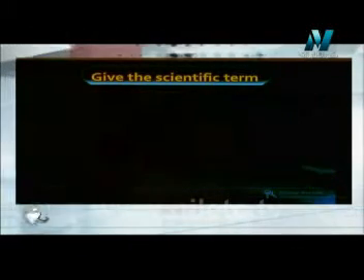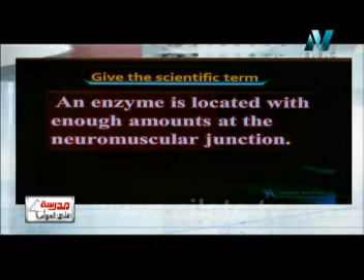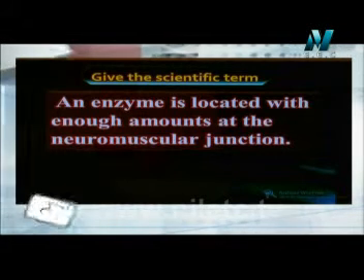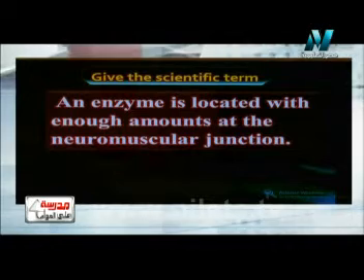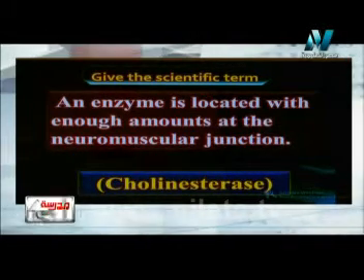The next: the enzyme located in sufficient amount at the neuromuscular junction, which hydrolyzes or destroys acetylcholine into choline and acetate, is the cholinesterase enzyme. This is the right answer.